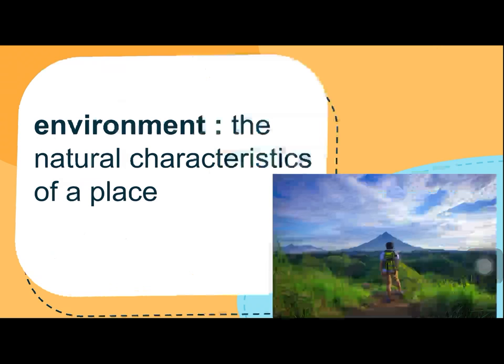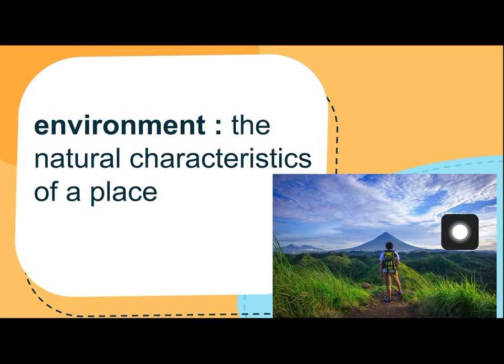I'll give you a second. You can pause the video if you need more time. You are thinking of different natural characteristics of this photo here. Again, pause the video if you need more time, but a characteristic that I see would be green, tall grass.